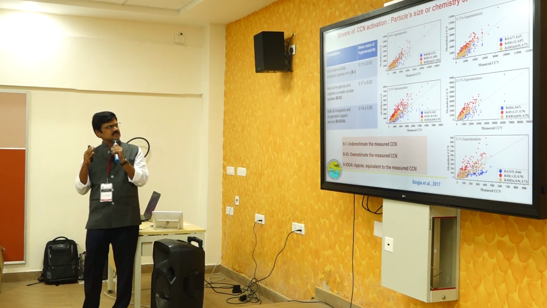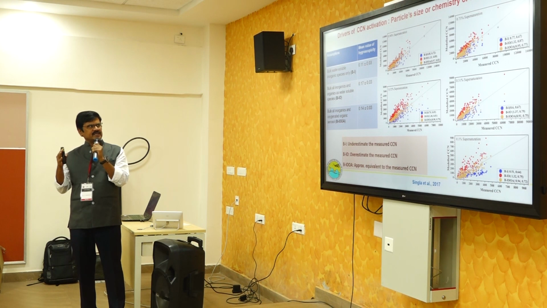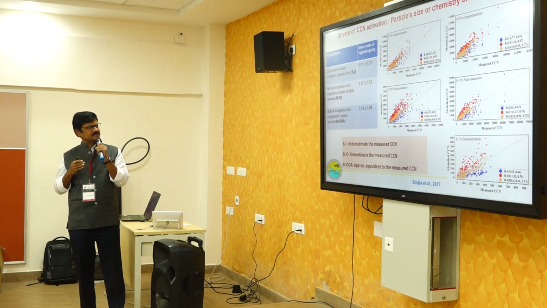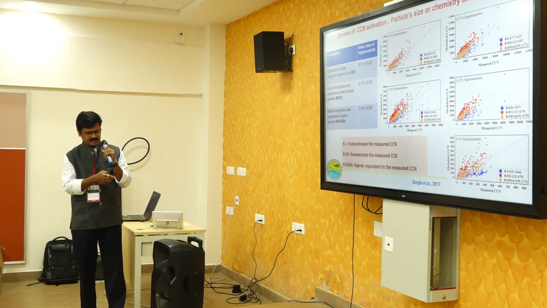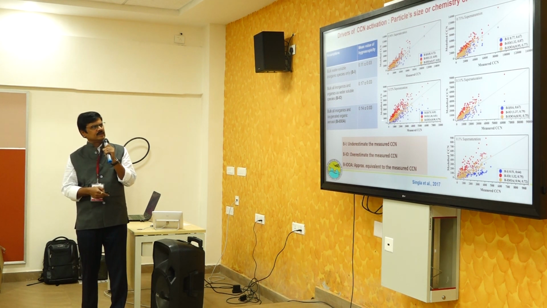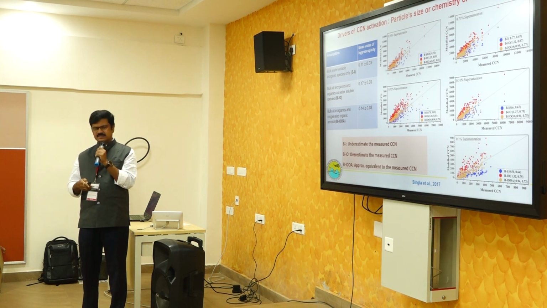With bulk chemistry, we try to estimate the mean value of hygroscopicity and try different combinations: only inorganic species, all inorganics and water soluble species. When we included all inorganics and oxygenated organics, we were able to better estimate the CCN.